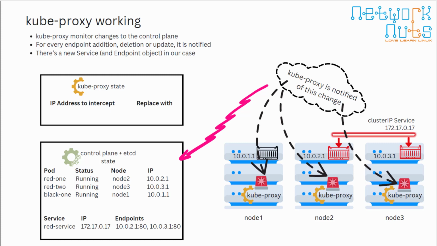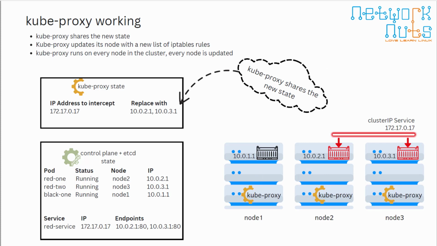It found that, oh, a new service is there with 2 endpoints, right? So Kube-Proxy notifies this change that this has happened. Now what Kube-Proxy does, this is a notification. It will add that entry in the Kube-Proxy state, that if something comes on 172.17.0.17, I should replace it with this, right?